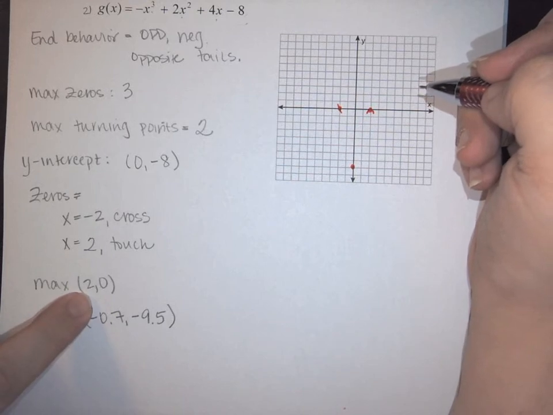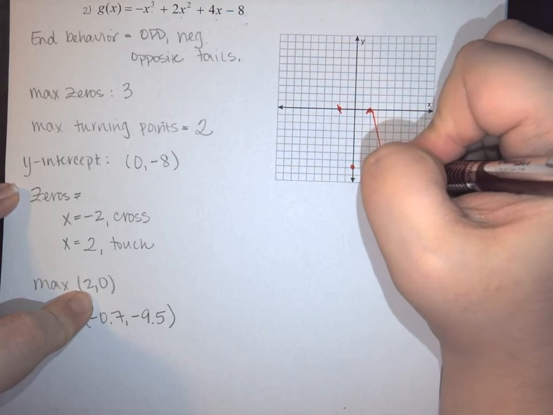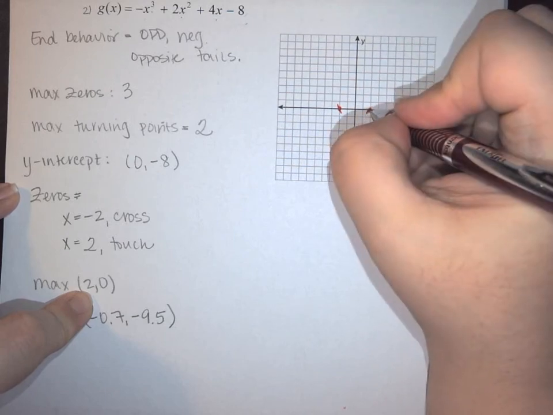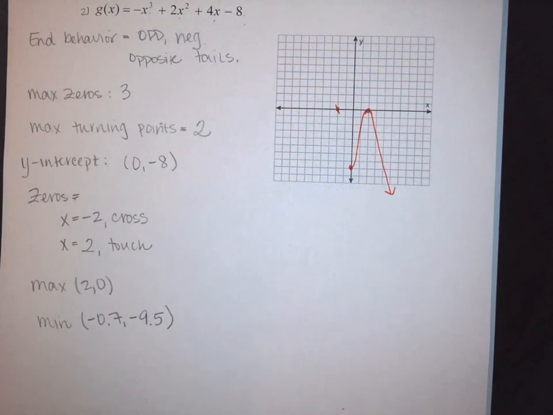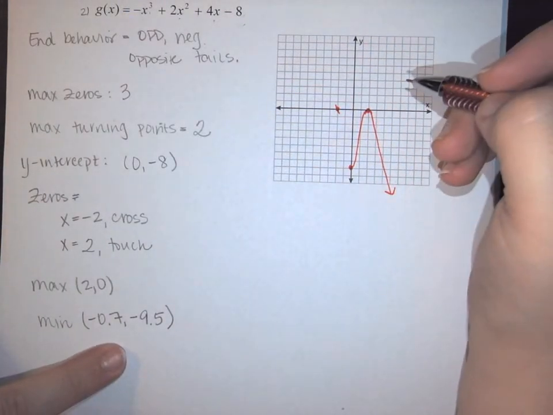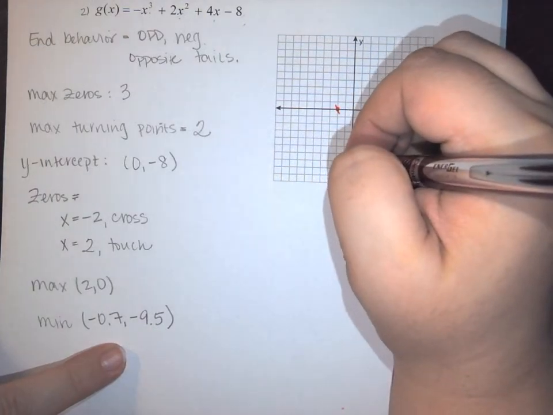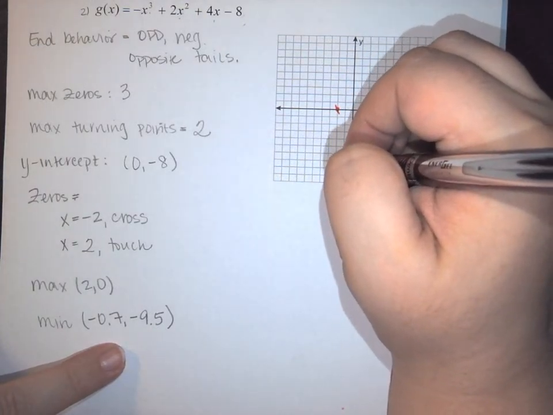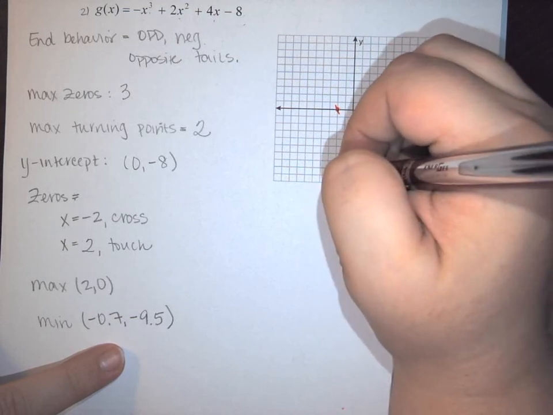So you can put those little notes to yourself as you need. Now, I'm told that my maximum is over here, so this side is going to come straight down like this, whereas this other side is going to come and meet up with my y-intercept. And then here, my minimum is going to be down here at negative 9.5, so it's going to go through my y-intercept down to 9.5, so roughly about there.